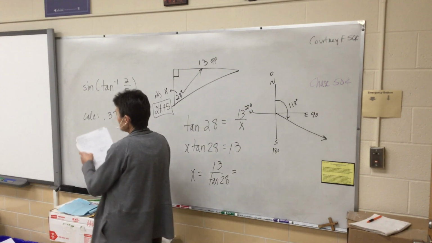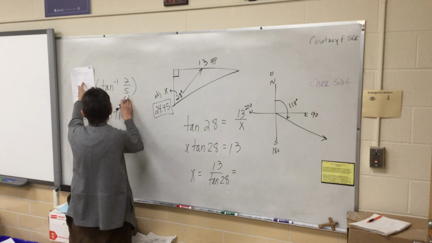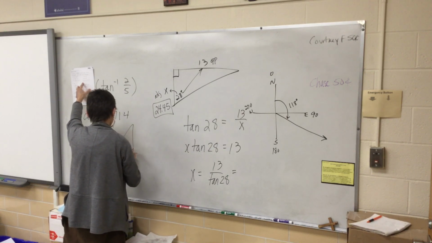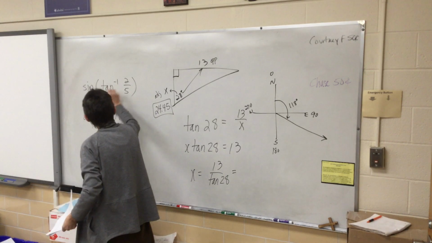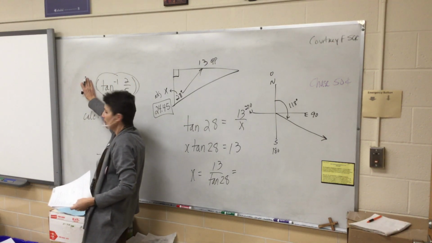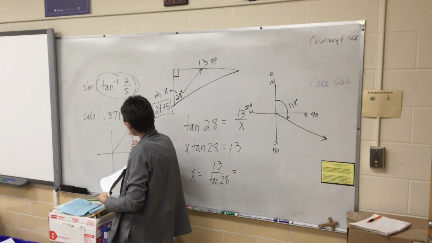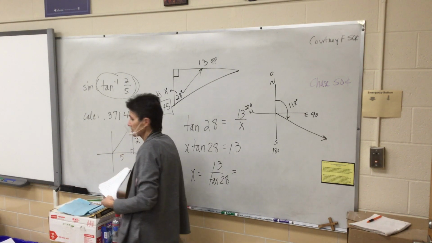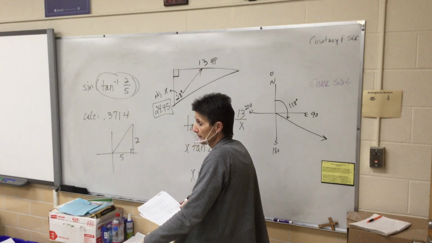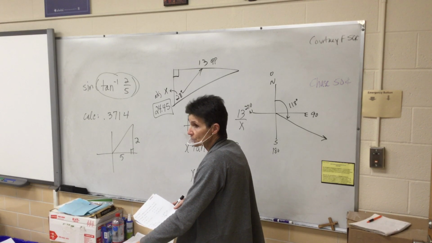Now we're going to draw it by hand. We're going to cover this up and look just at our parentheses. Since that's positive, we'll draw it in quadrant 1. We do the parentheses first. So the tangent is 2/5, opposite over adjacent. Can we find the other side?